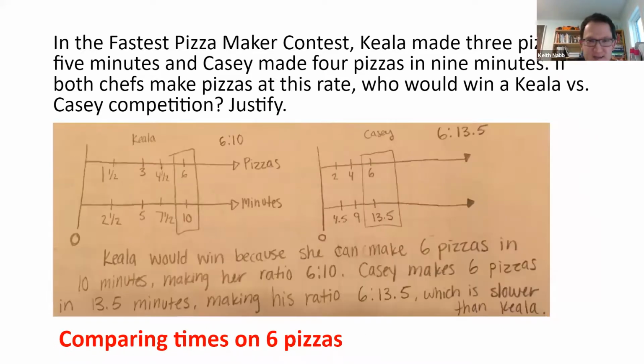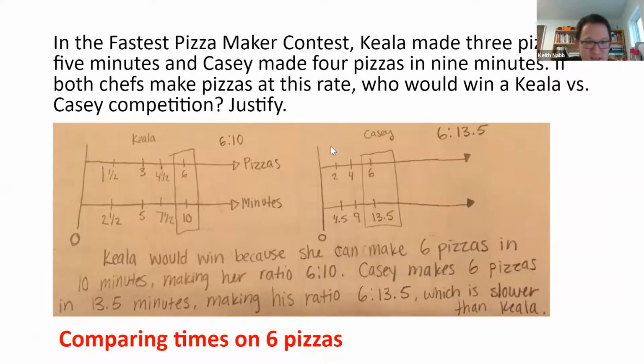Solution 3, I think this one's my favorite because this one really shows the power of double number lines. And you can tell this is not anything that I did with my students. This is something that is inherent in the tool. So you can see the starting point, the 3 and the 5, and this student halved and got some pretty messy numbers here. And also you can see the 4 and the 9, and she halved again.